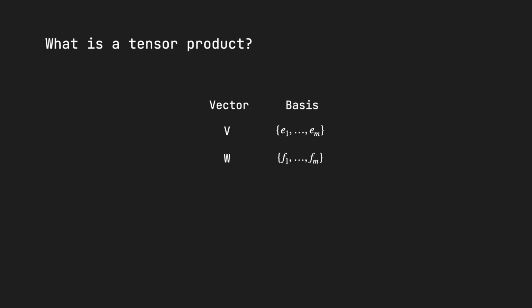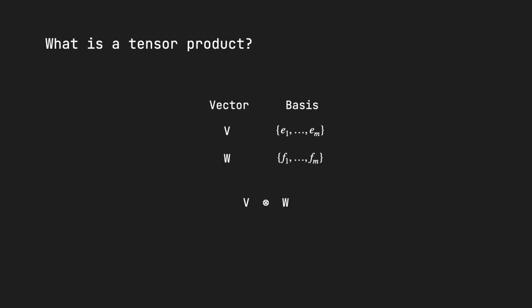Another example is that when you look at the embedding matrix, all the vectors in there also form a vector space, where the dimension D is defined by the design of the LLM. So how do we combine these two vector spaces, form their product? This is where tensor products come in.